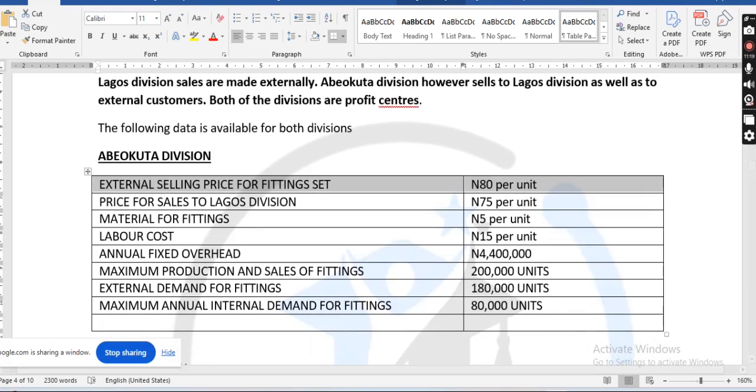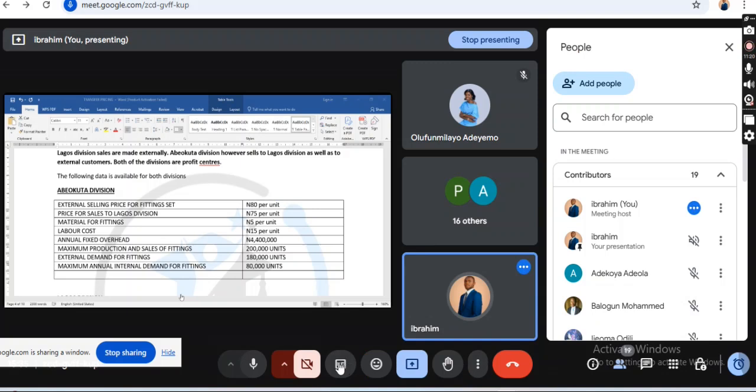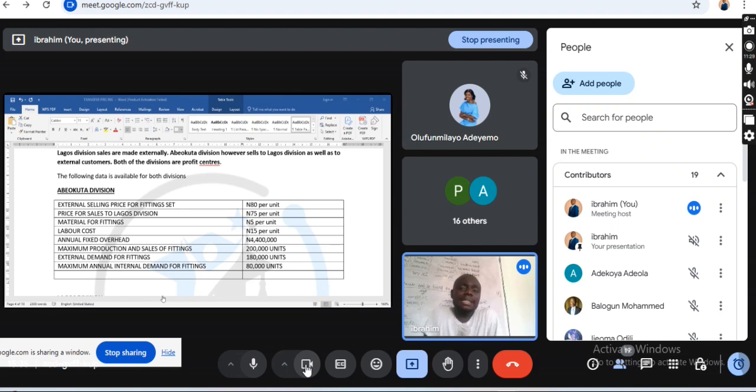The market price here is 80 naira. That is the external selling price for fittings.